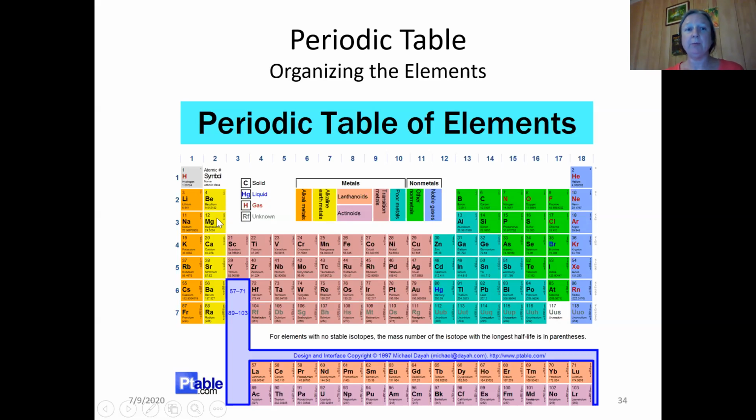If magnesium or sodium lose either 2 electrons or 1 electron, magnesium loses 2, it goes 1, 2. If sodium loses 1, it goes over here. They both go to the neon electron configuration.